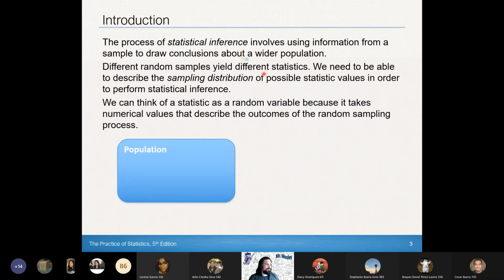Different random samples yield different statistics. We need to be able to describe the sampling distribution of possible statistic values in order to perform statistical inference. We can think of a statistic as a random variable because it takes numerical values that describe the outcomes of the random sampling process.